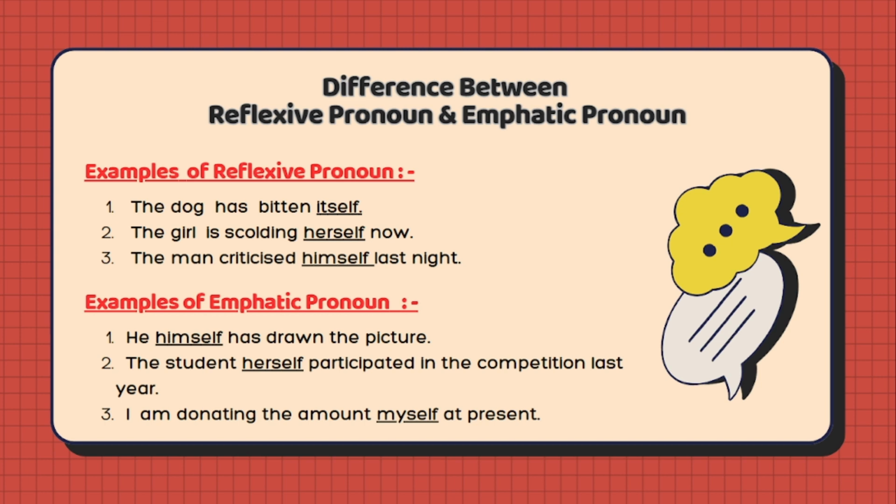Here the word myself is written immediately after the object, the amount. Here the first condition is fulfilled. Second one. Here the word myself is written to make the action get a special importance or to give an extra force regarding the action.